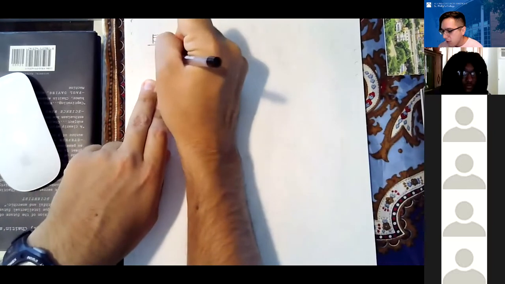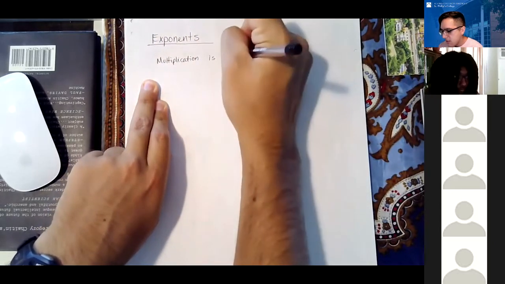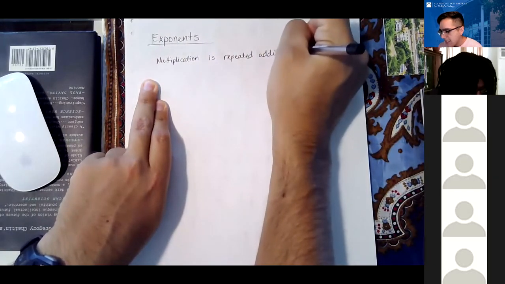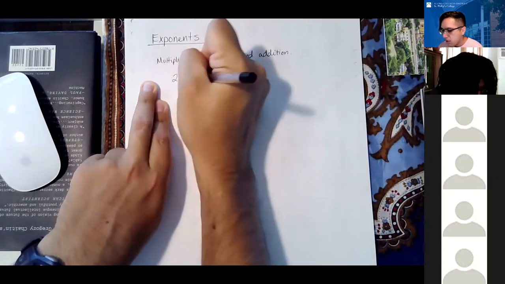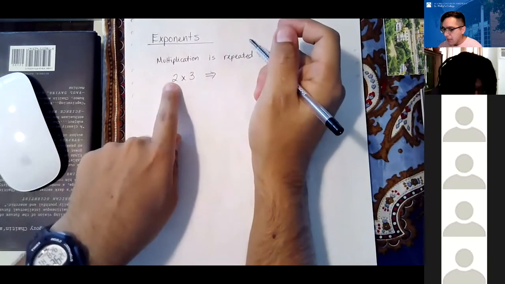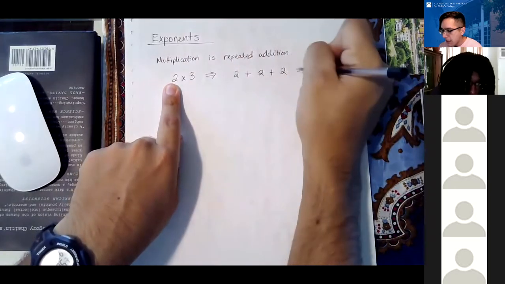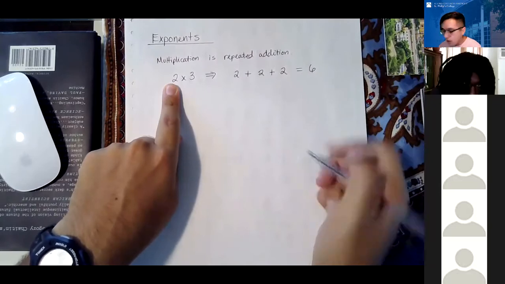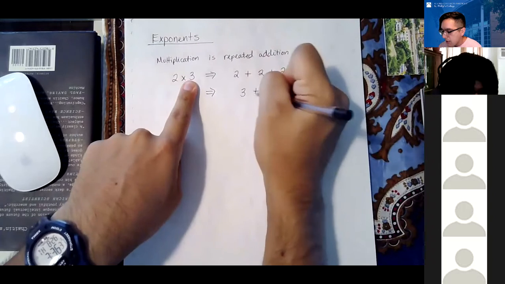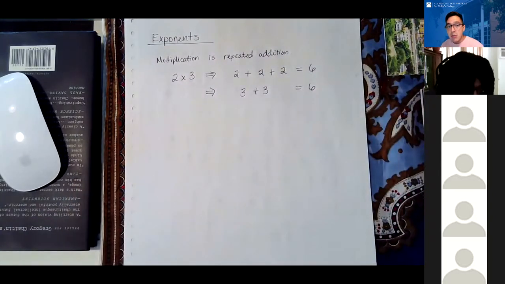So multiplication is repeated addition. Or at least that's one interpretation of it, where 2 times 3 is like saying that we have 3 copies of the number 2, 2 plus 2 plus 2, and we get 6, right? Alternatively, you could say that we have 2 copies of the number 3, 3 plus 3. Either way, you get 6, right? And so that's how we define multiplication.